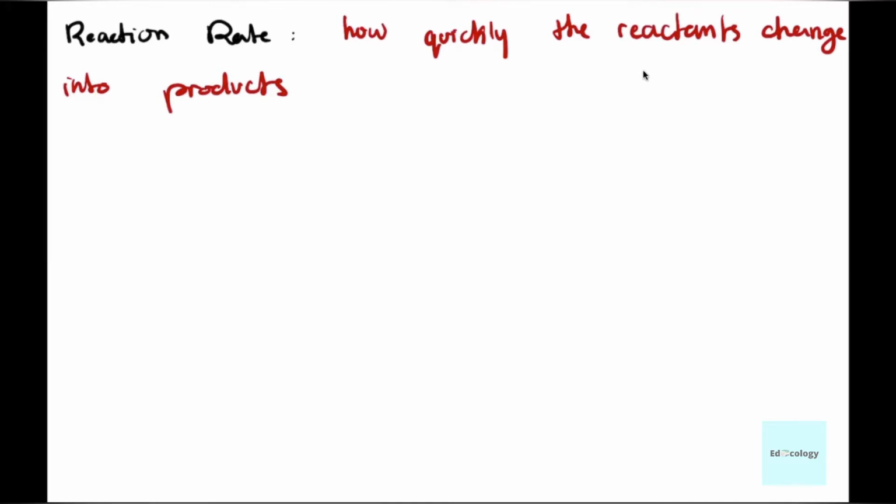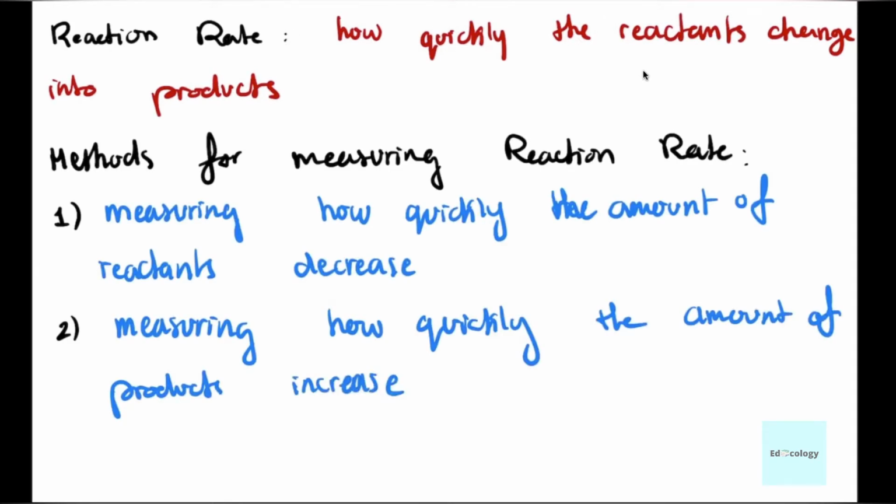Now let's talk about the methods that you use to measure reaction rate. These are the two methods for measuring reaction rates. Now, these two methods have a different formula for finding the reaction rate. For the first method, let us change the color.